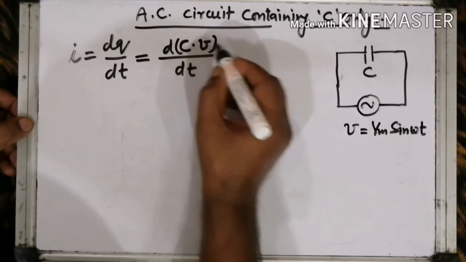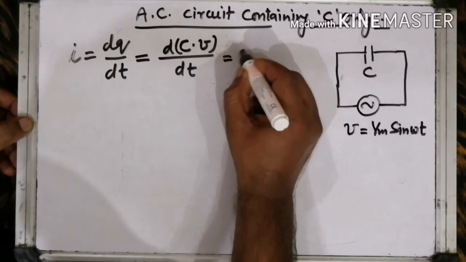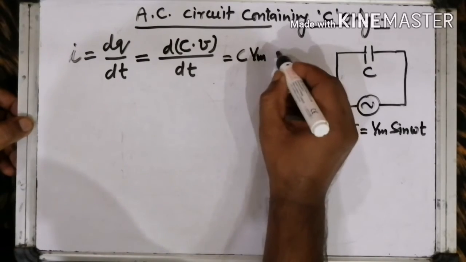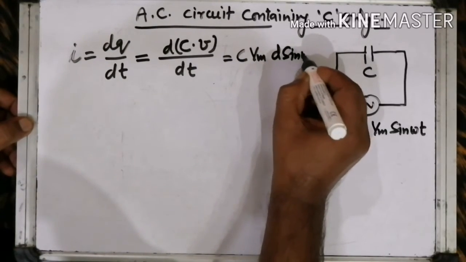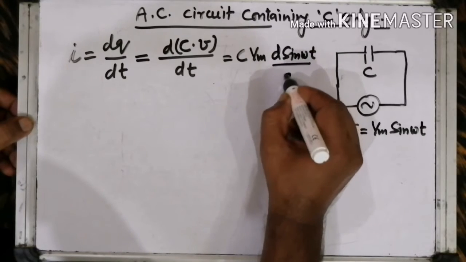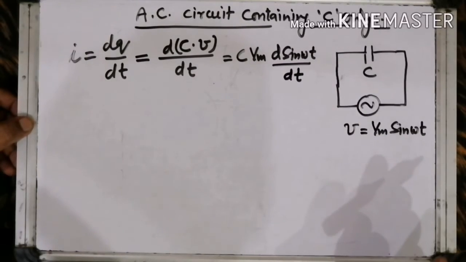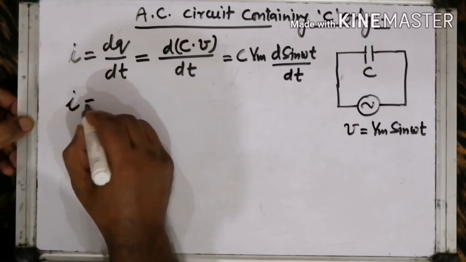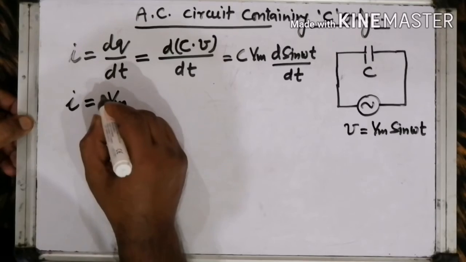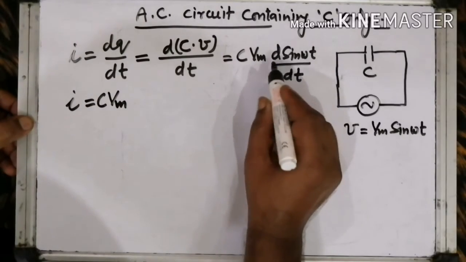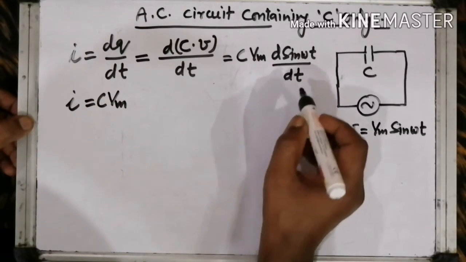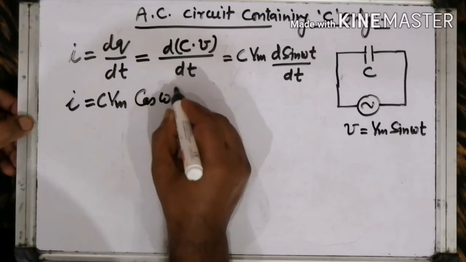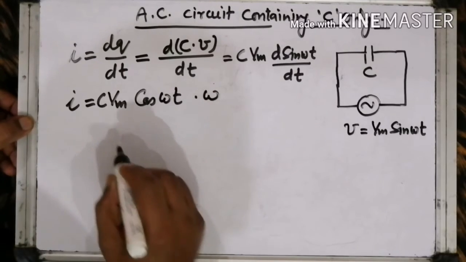So in the place of this we can put it, and it becomes C into V maximum into d sin omega t divided by dt. What will happen? I is equal to V maximum into C, and the differentiation of sin omega t with respect to t is cos omega t into omega.